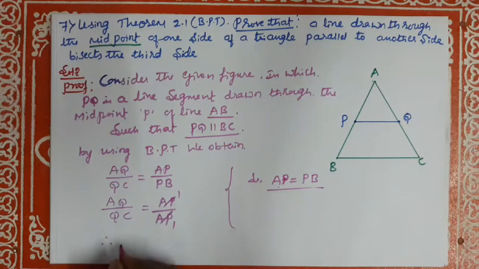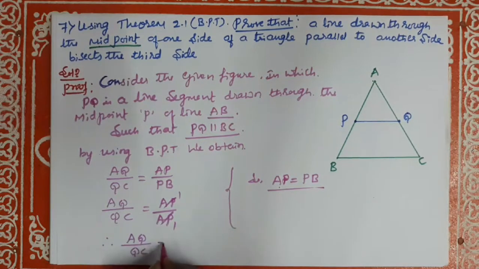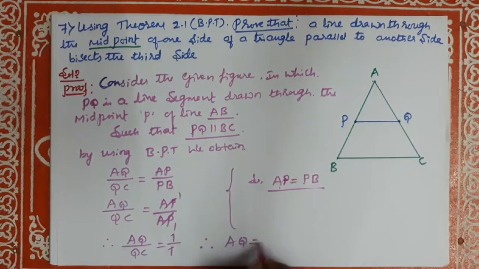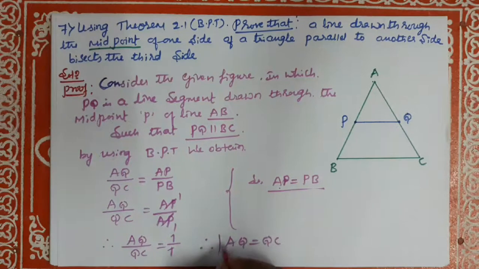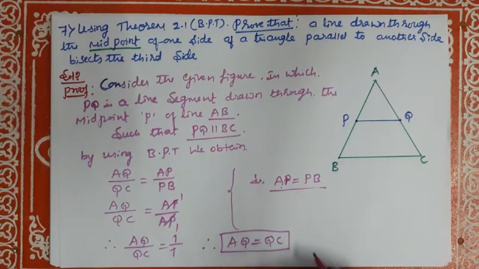Therefore, AQ by QC is equal to 1 by 1. Therefore, AQ is equal to QC.